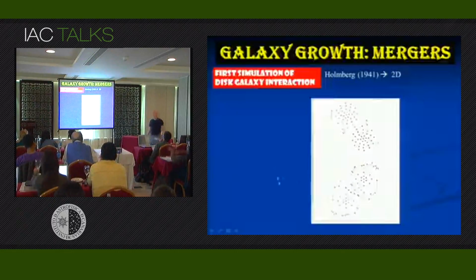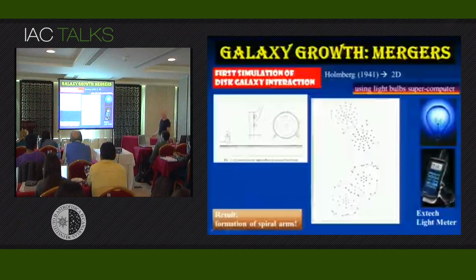in 1941 by Holmberg in two-dimensional simulations, where he used the then available supercomputer made out of 74 electrical bulbs. And he thanked the Edison bulb company for donating this to science. So there have been scientific results out of this simulation.